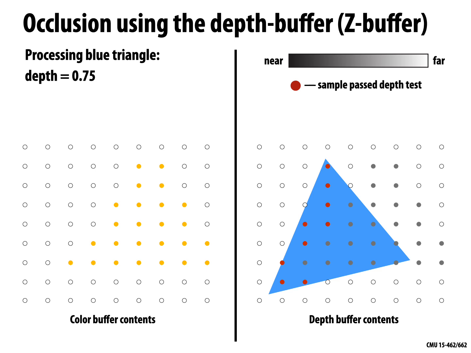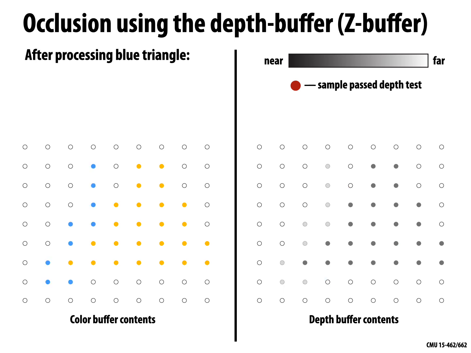And we know that just by comparing the depth value of the blue triangle with the depth value stored in the depth buffer. We don't need to know anymore about the shape and size and position of the yellow triangle, right? That's gone.